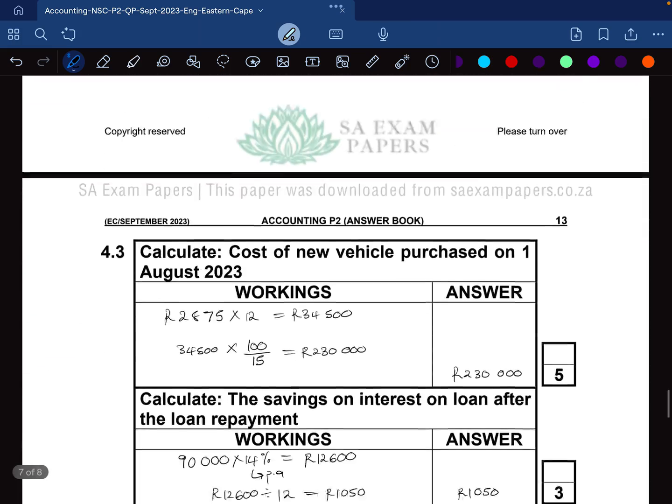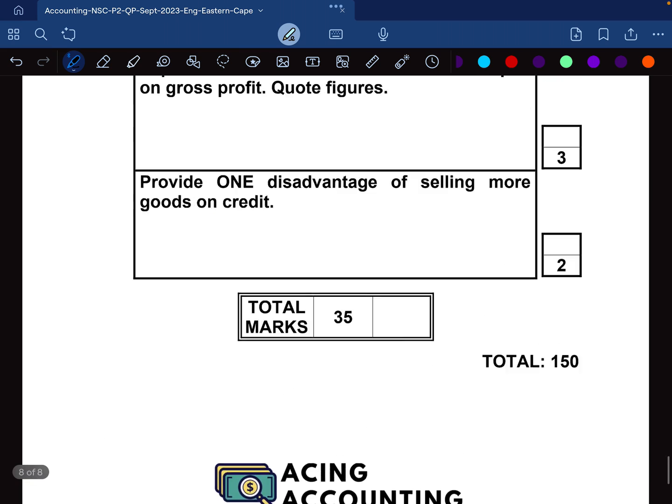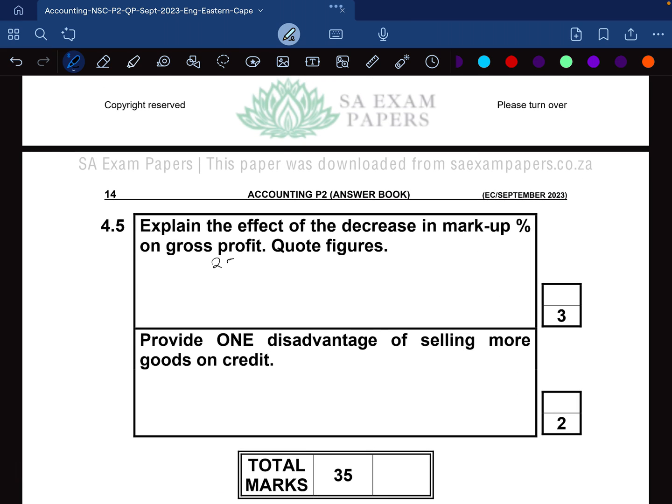Okay, so we had 252 minus 168, which is 84,000. I was about to calculate again. Okay, so it's 84,000.